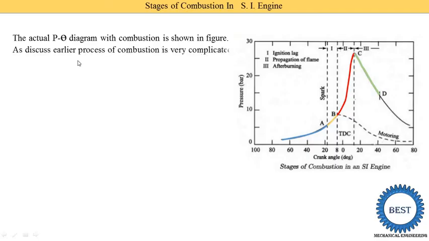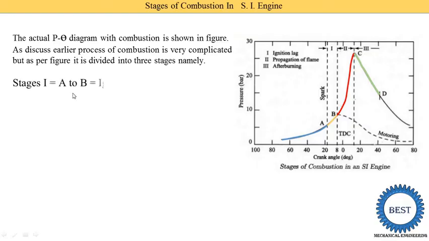As discussed earlier, the process of combustion is very complicated, but as per the figure it is divided into three stages. The first stage is A to B, known as the ignition lag, which we will understand in detail later on. In this figure you can see the yellow line, which is the A to B region.